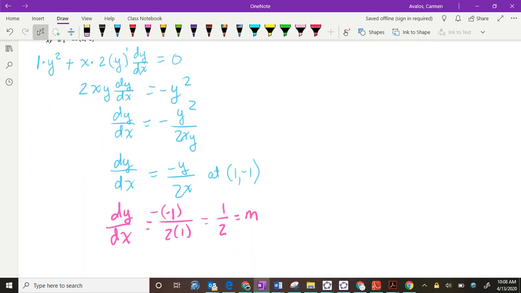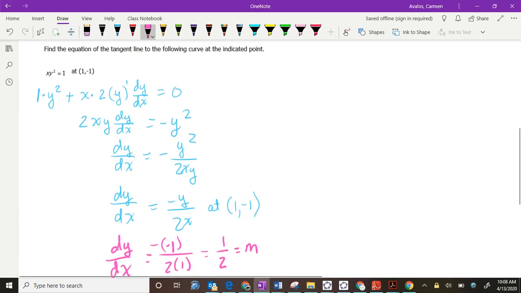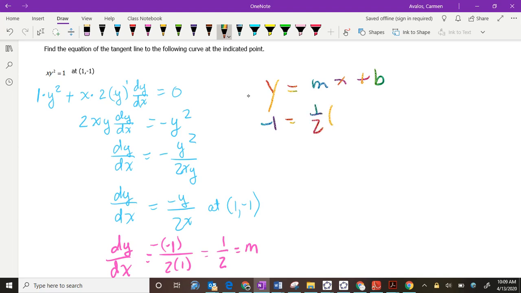All right, so now we have our slope. We want to go back and do our equation. So we're going to have our equation, y equals mx plus b. And so the y we know is going to be negative 1. The slope is going to be 1 half. The x is going to be 1. And we only need to find what the b is.